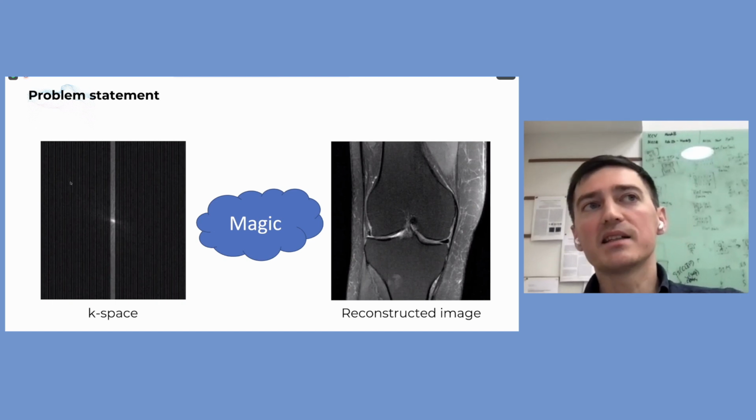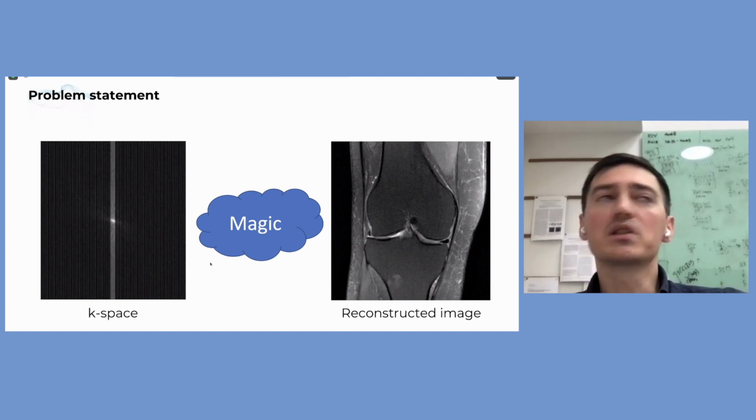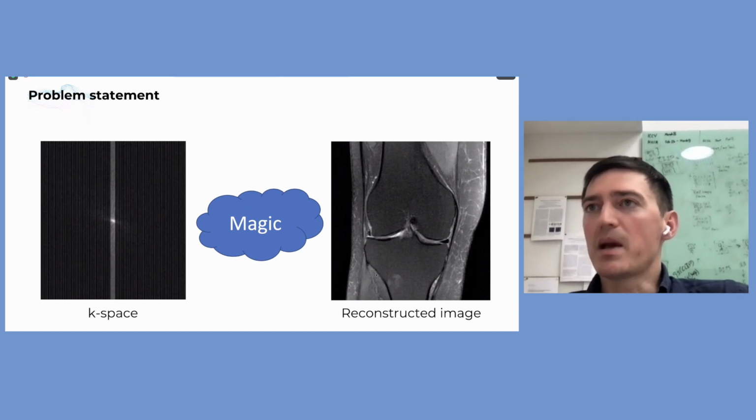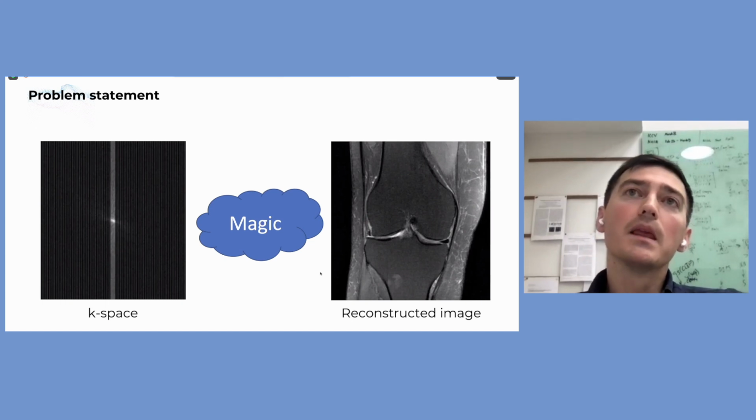And then they also provided several scripts that generate undersampling masks. And there were a number of challenges and competitions where people would compete to recover this image with the best possible image quality.